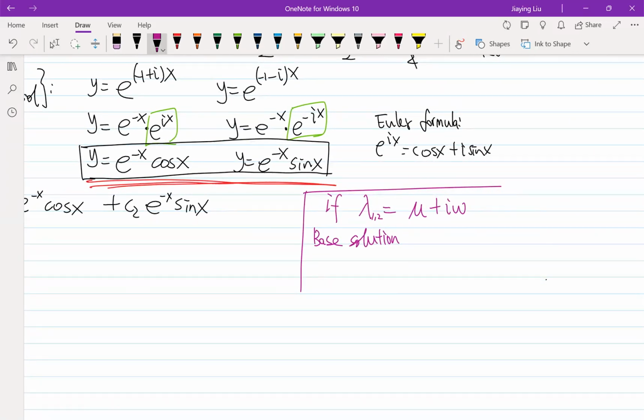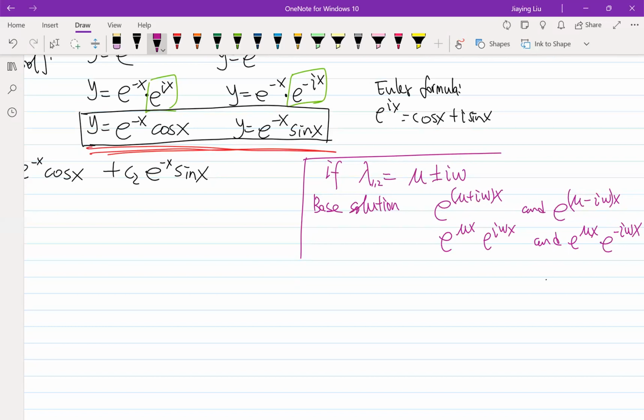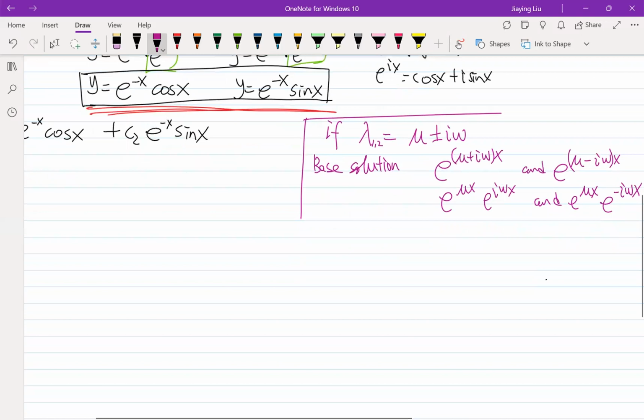It's going to be e to the (mu plus i omega)x, and the second one is going to be e to the (mu minus i omega)x. But if you expand it, it's really the same form as e to the mu x times e to the i omega x, and e to the mu x times e to the negative i omega x. So those two forms are basically the same. You're just rewriting it using exponential properties.